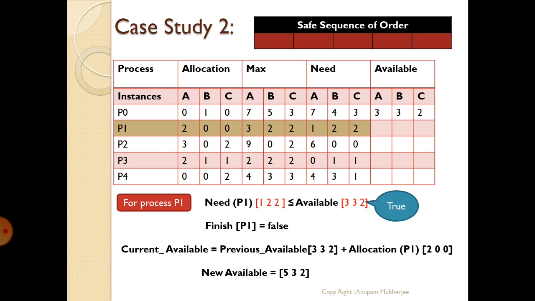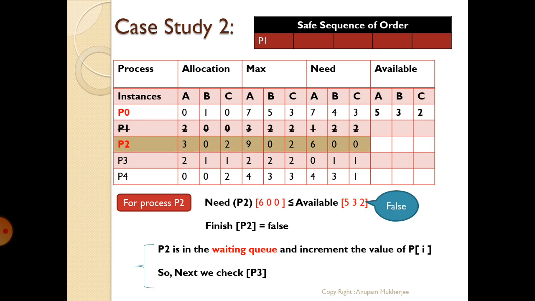These two are added and the new availability will be 532. So P1 successfully completed its entire task. It will be the first element of the safe sequence of order, and P1's task will be completed. So we cross out the process P1.